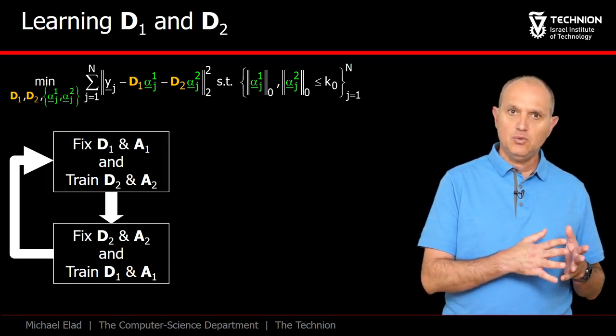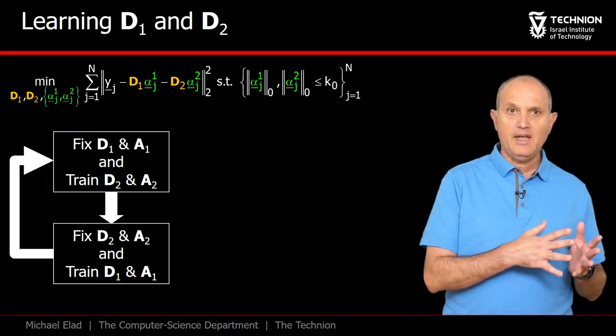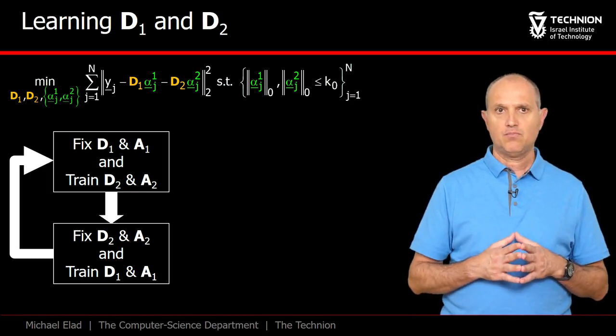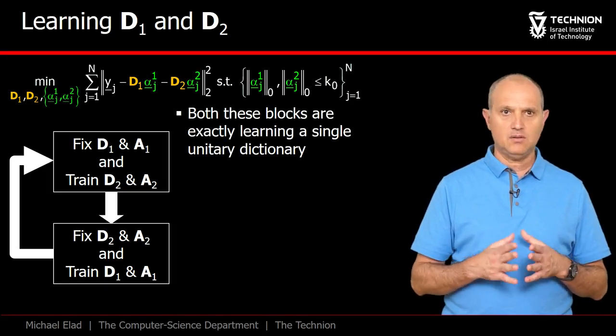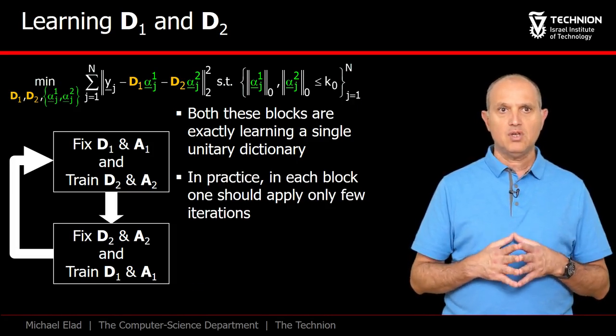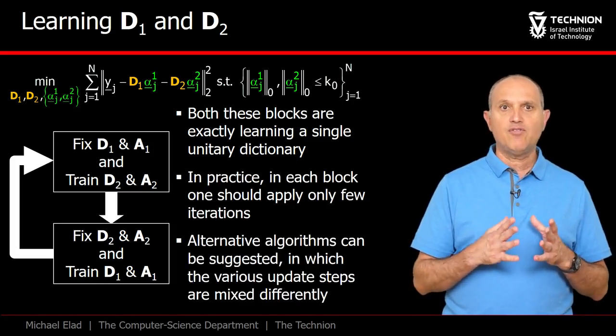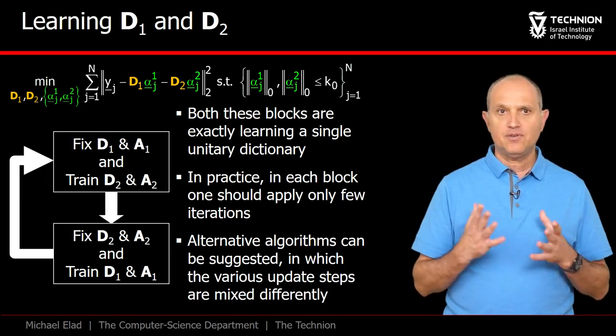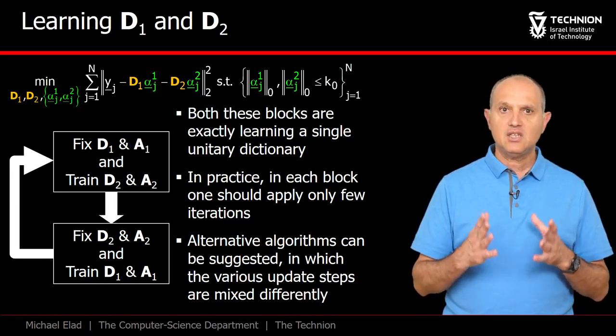Then we freeze A2 and D2 and update A1 and D1 in the same fashion. Both blocks are easy to handle. In fact, we could apply only a few iterations in each of these blocks and even mix the update steps of the four ingredients in various different orders and still get a sensible algorithm.